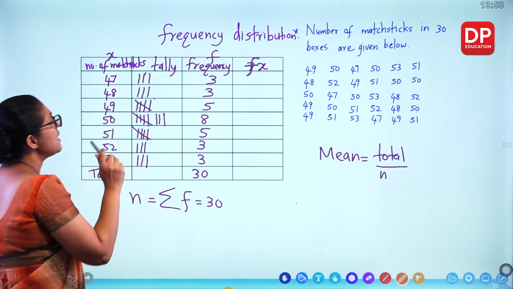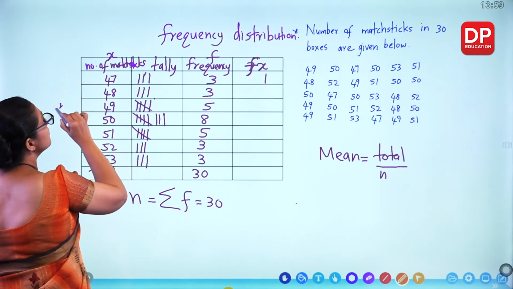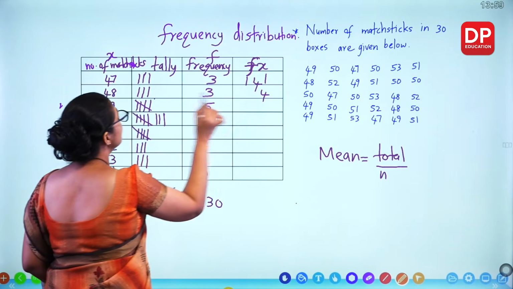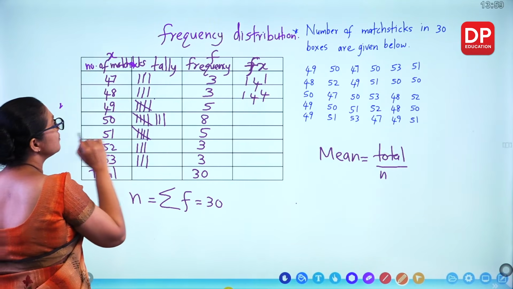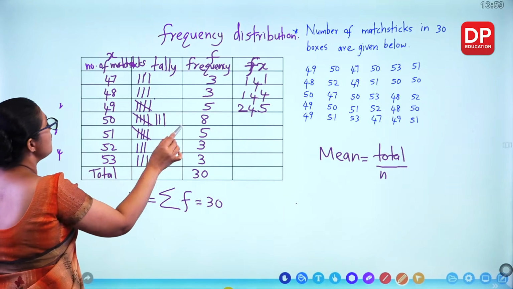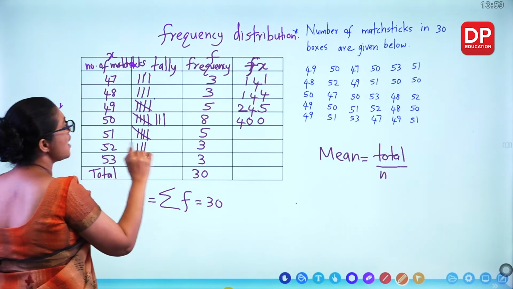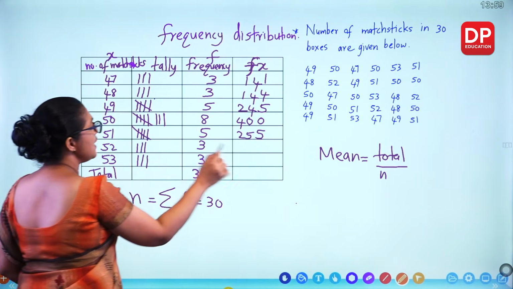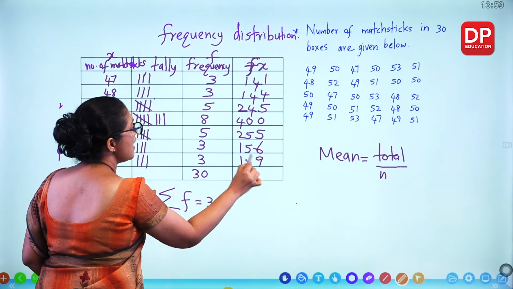So we'll try to find out that. 47 times 3, multiply: 141. 48 times 3: 144. 5 times 49: 245. 50 times 8: 400. 51 times 5, you get 255. 52 times 3: 156. 53 times 3: 159.